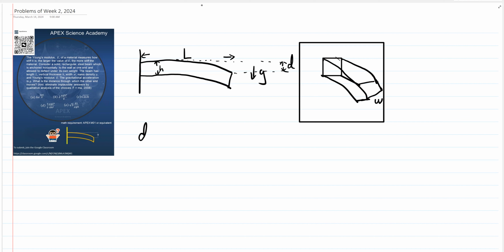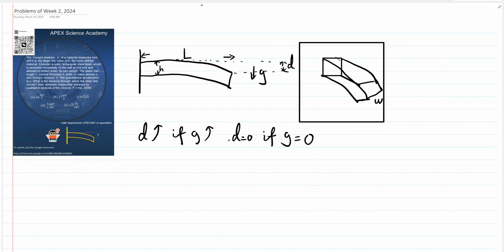Therefore, D is going to increase if g increases, and D would be 0 if the gravitational constant is 0. So that is one thing to think about: what causes the beam to deflect.